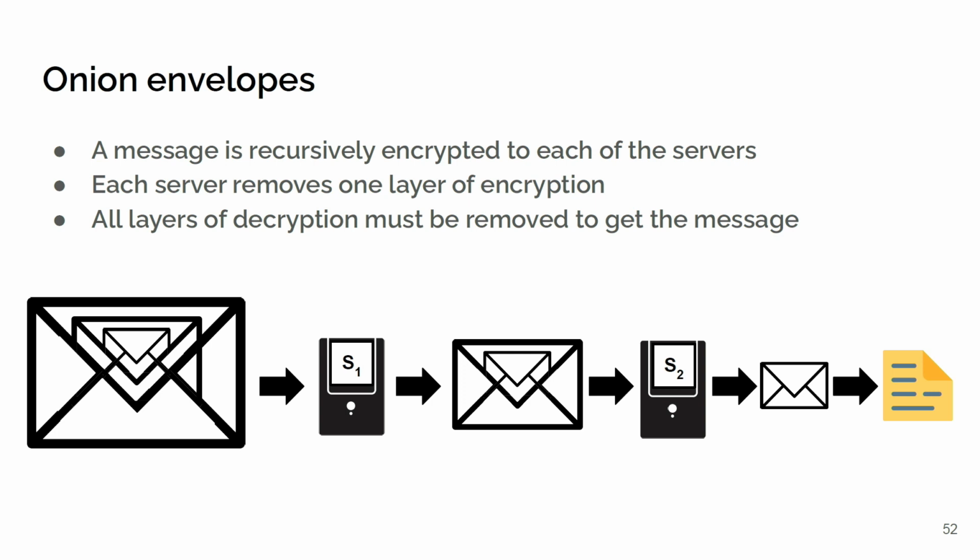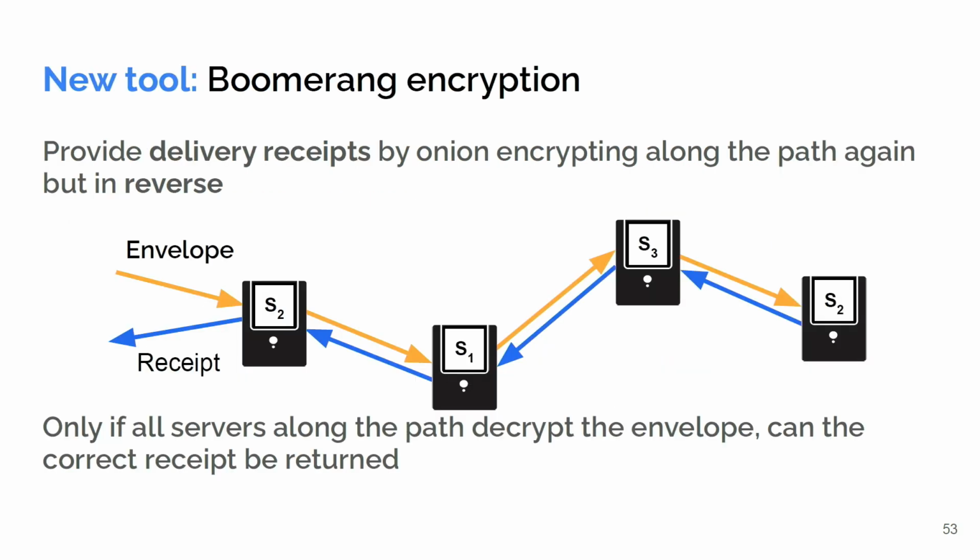In order for the message to pop out there, the message had to travel to server 1, who had to decrypt it, and then to server 2, who had to decrypt it. And so in boomerang encryption, we're going to extend this idea. We're going to encrypt with onion encryption along the path, and then back again in the other direction. What this will do is provide a delivery receipt.